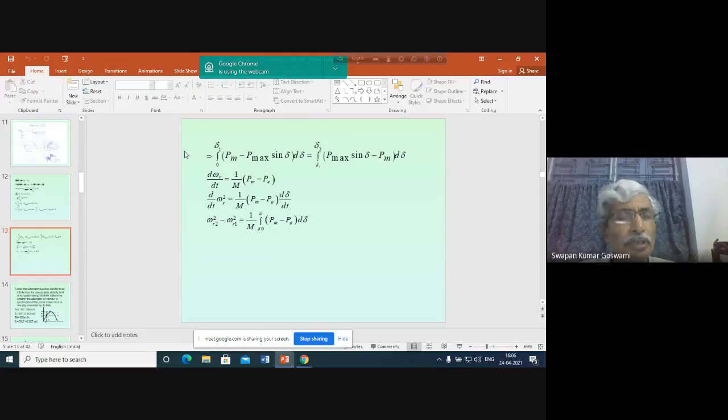And this is possible if the generator is connected to another generator. That means it is possible if the system is a two-machine system. How are we considering this a two-machine system? We are considering that our generator is connected to an infinite bus. Infinite bus means the total power system, which is now being represented by a very large generator.